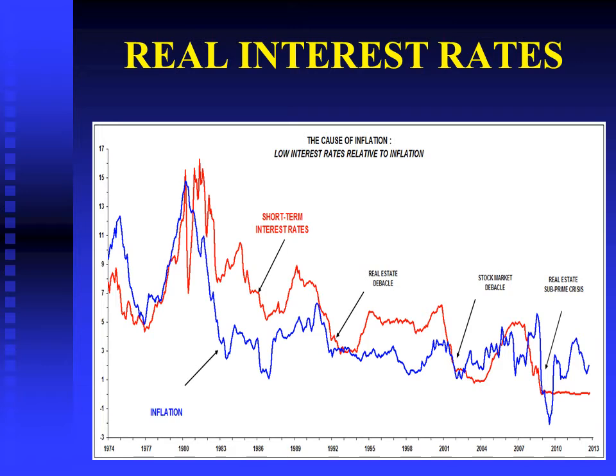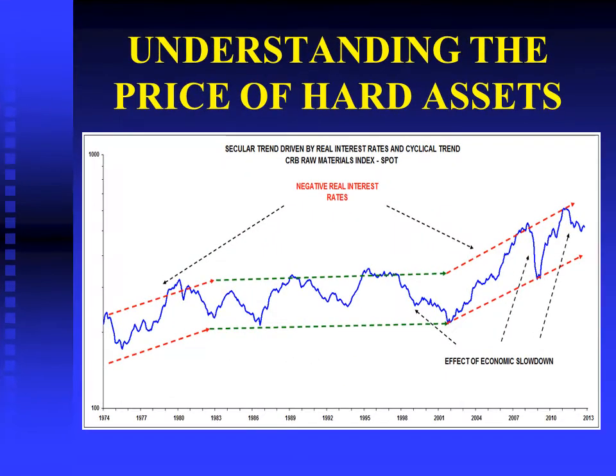Let's see now the behavior of commodity prices since 1974, based on this action of interest rates relative to inflation. The blue line represents the Commodity Research Bureau index of raw material prices.